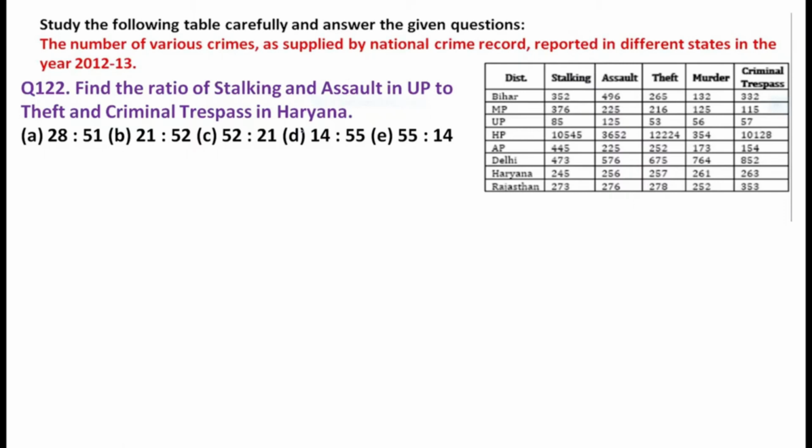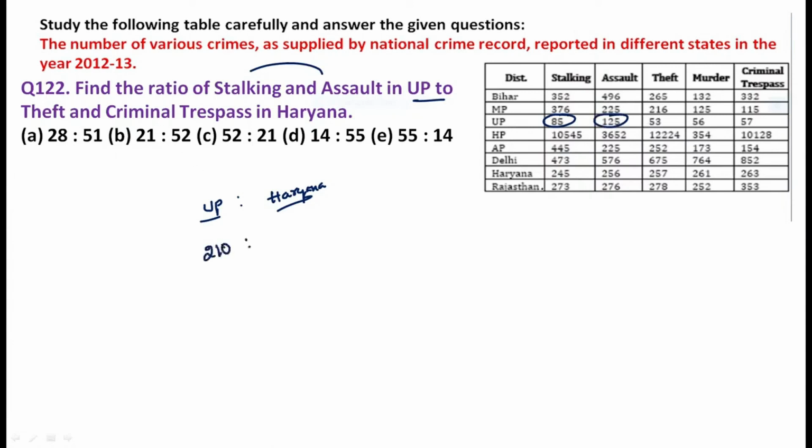Now go for the next one. Find the ratio of stalking and assault in UP to the theft and criminal enterprises in Haryana. So UP to Haryana ratio. You want both the values. Stalking and assaults in UP: 85, assaults is 125, so the total value is equal to 210.